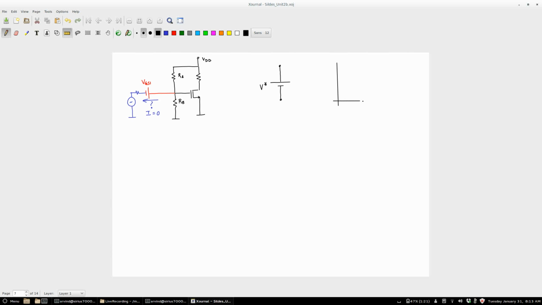Okay. So now let's look at this. What is an ideal battery? If I call this battery some V star, okay, what is its property? What is the property of a battery?